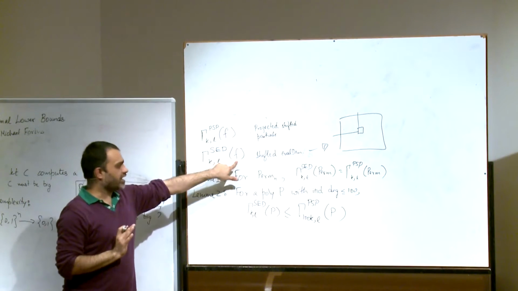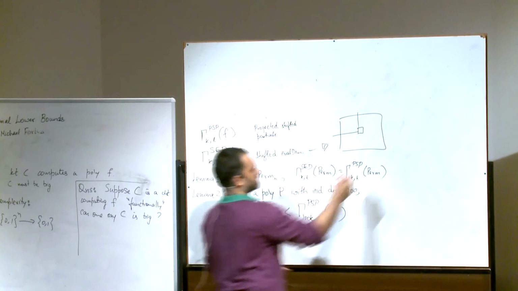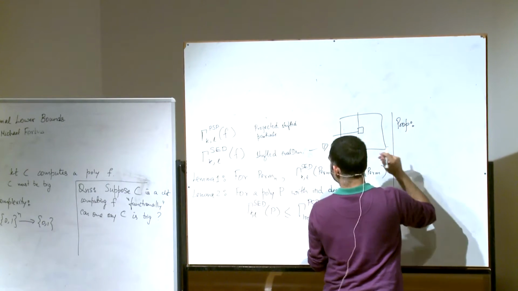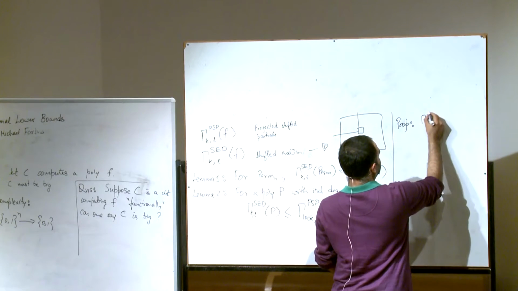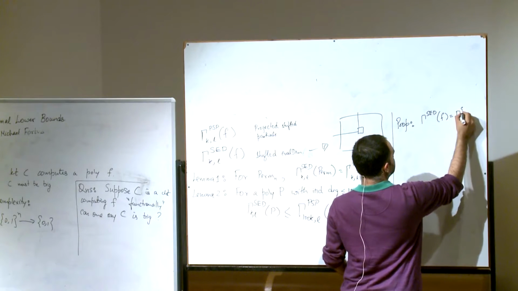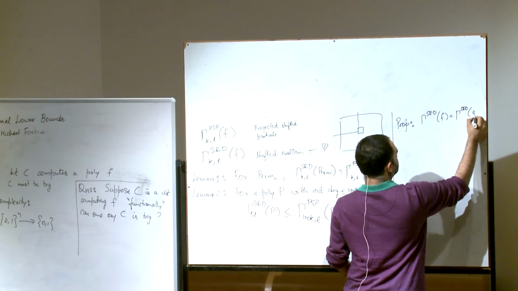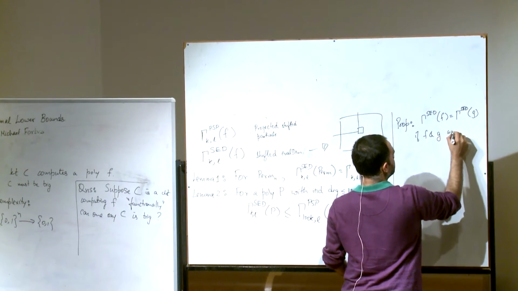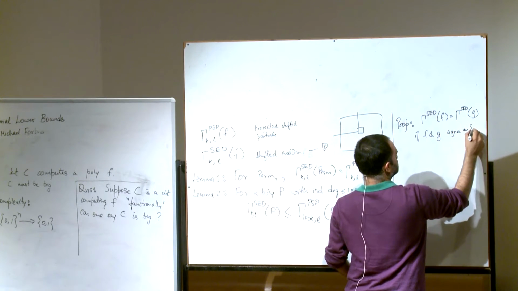So as far as f and g agree, maybe let me just write down. One property that I will have, I'm going to use prop for this, is that gamma SED of f equals gamma SED of g if f and g agree on 0, 1 to the n.